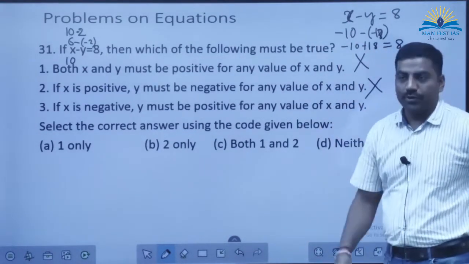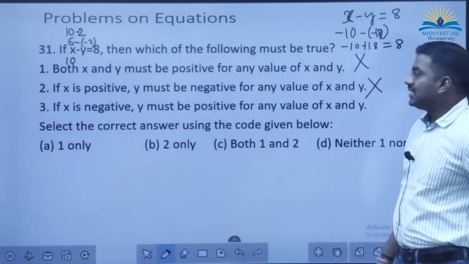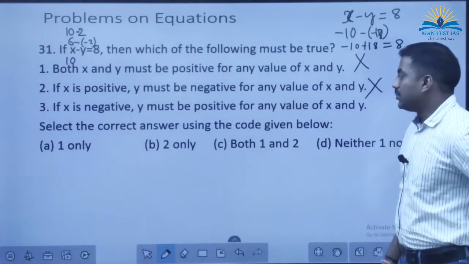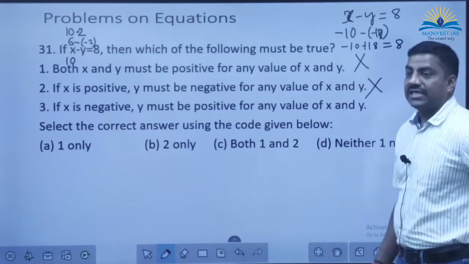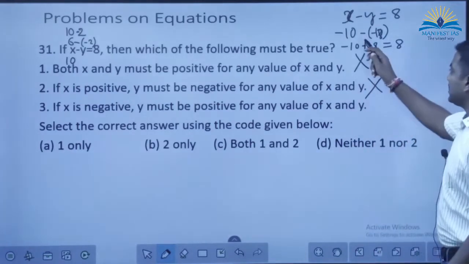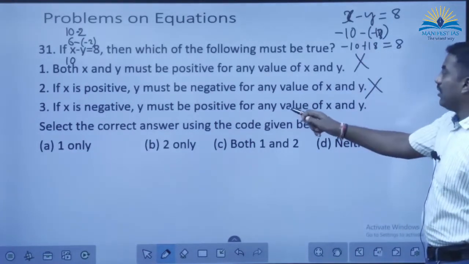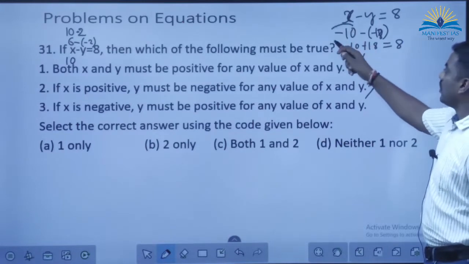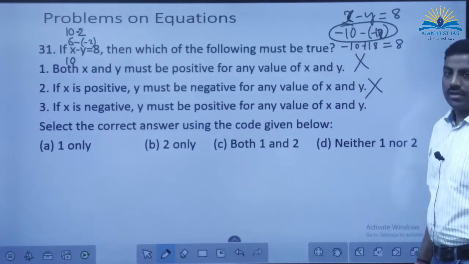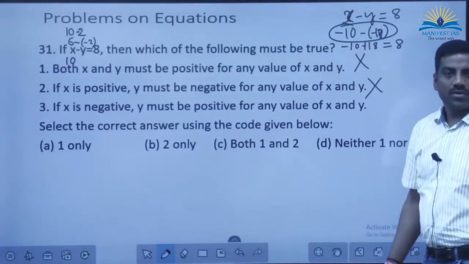If x is negative, y must be positive for any value of x and y. If x is negative, they are telling y must be positive. In this case, what have I done? Both are negative.